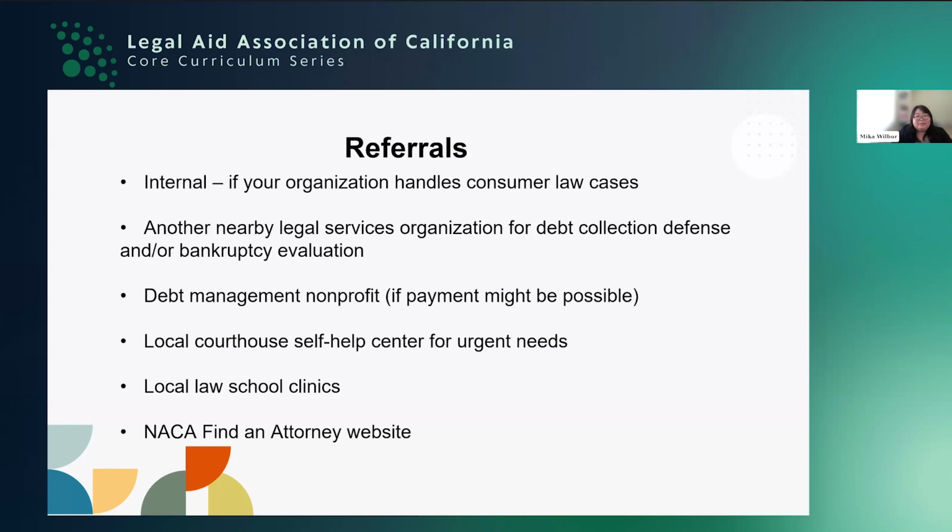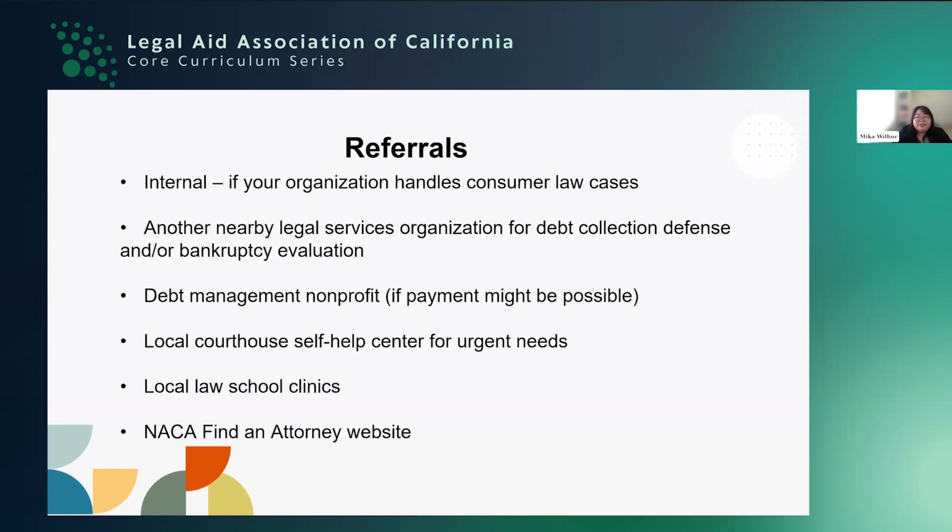I think you really want to do your research here though, because sometimes you run into shady actors here. The local courthouse self-help center can be sort of hit or miss, but they usually can at least give you the judicial council forms that people need to get started.